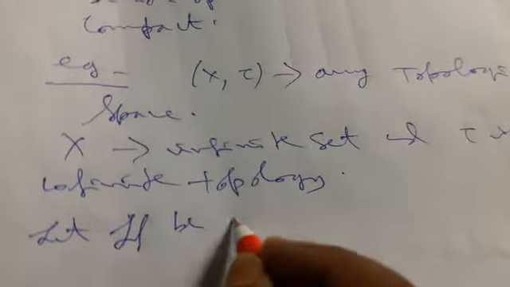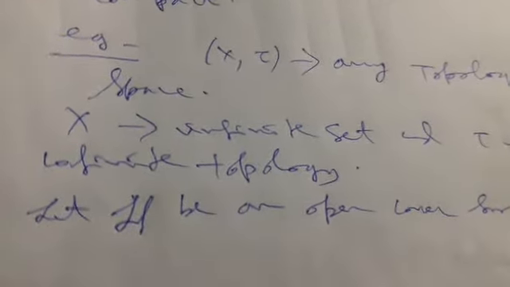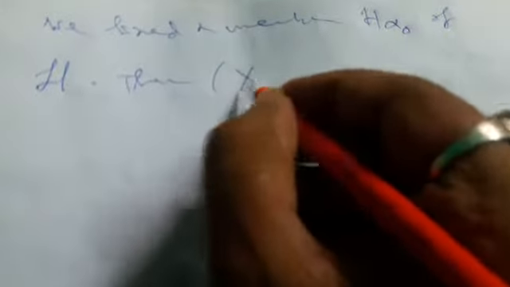Let script H be an open cover for X, and we fix a member H alpha 0 of script H. Then, by the cofinite topology, X minus H alpha 0 is a finite set.